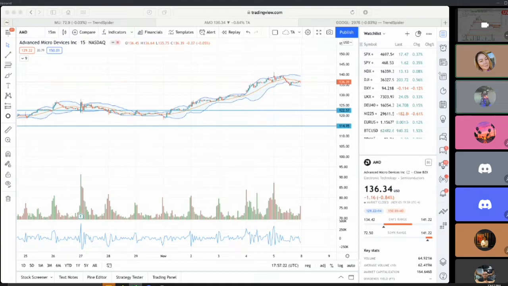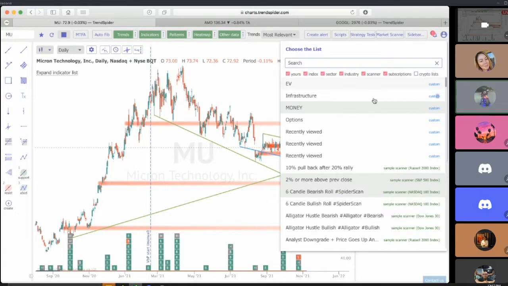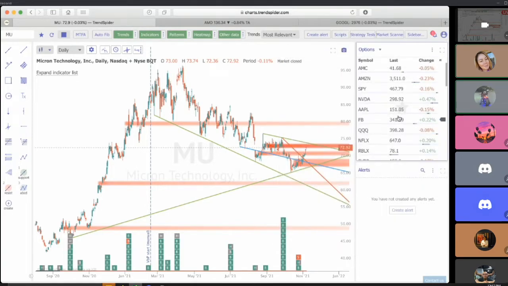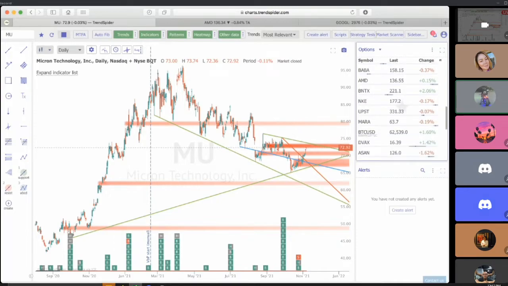Nvidia, what did Nvidia close at? Nvidia closed at like 290. It got down to like 296 is what it closed at. And then right after close, there was a dark pool that came in at 44 million at 297.52.